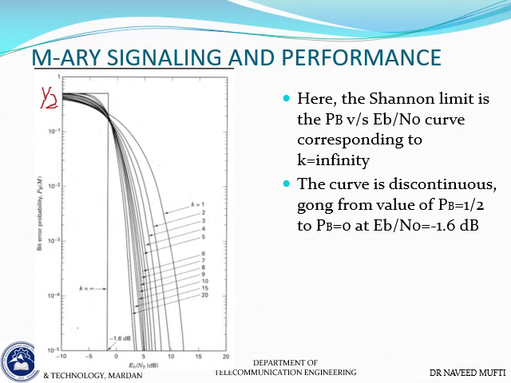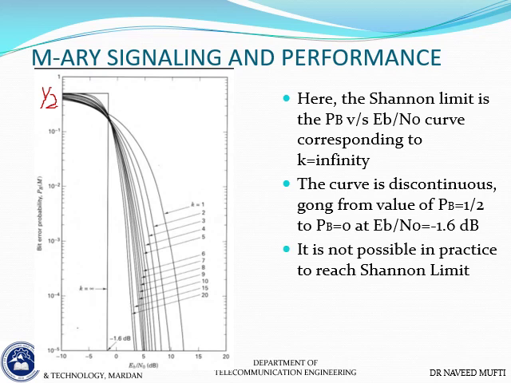So this curve goes from 1/2 to PB equal to 0. So it goes to 0 at Eb/N0 equal to minus 1.6 dB. So suddenly its behavior changes from 0.5 to 0 when we have Eb/N0 as minus 1.6. And that is obviously something which is not practically possible.